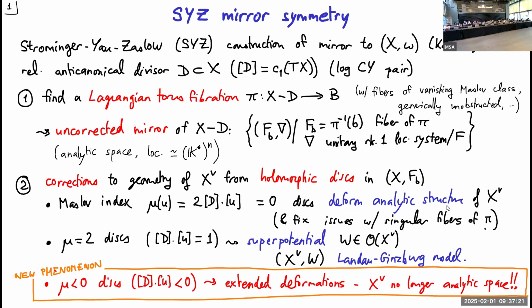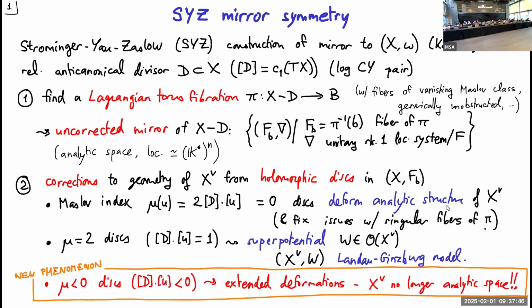And counting them suitably defines a regular function W on the mirror, which is usually called the superpotential. And the role of that function will be to deform, to curve things on the mirror and pass from the geometry of just a space to that of what we call a Landau-Ginzburg model, which has different meanings depending on what kind of geometry you want to do next.